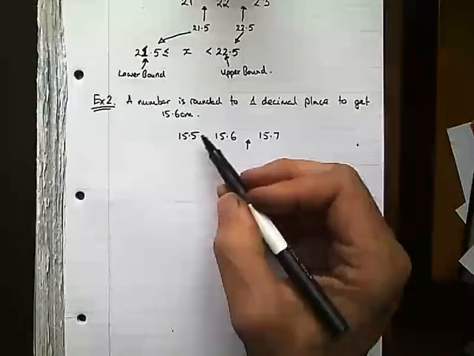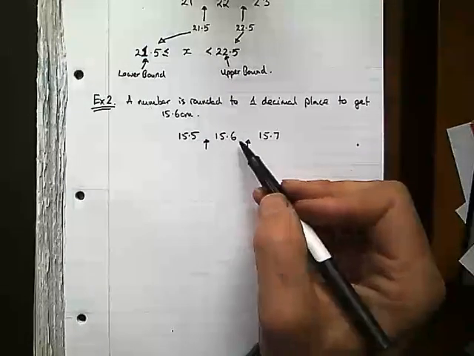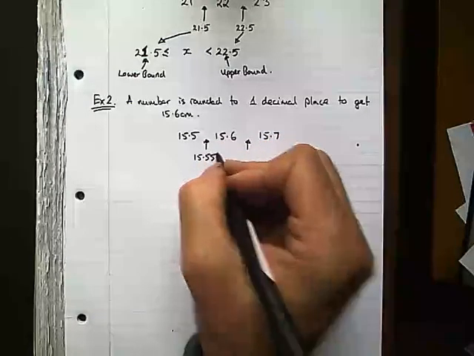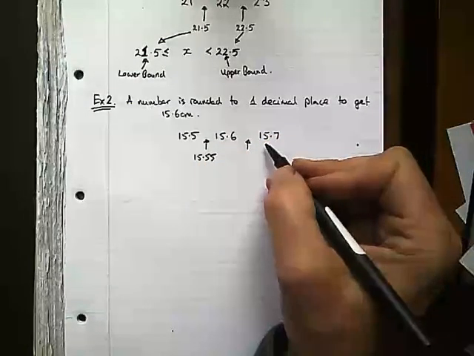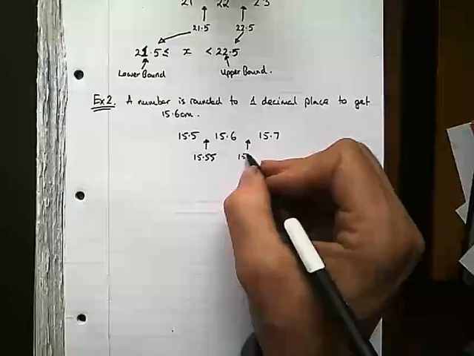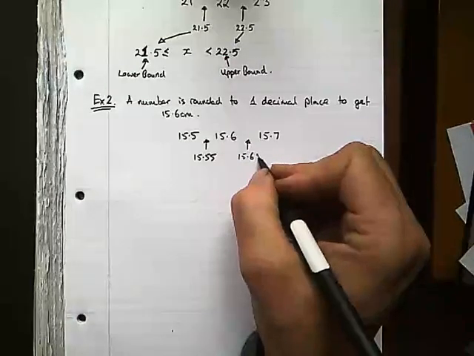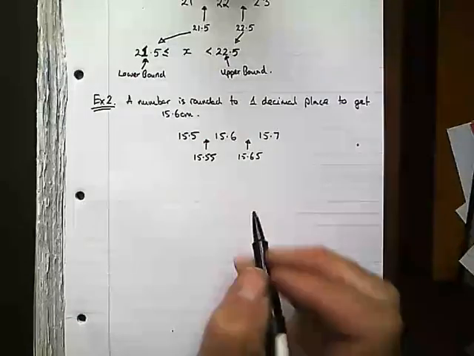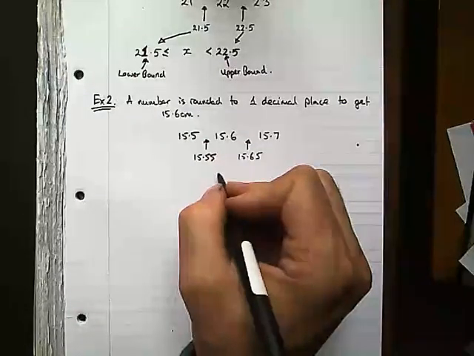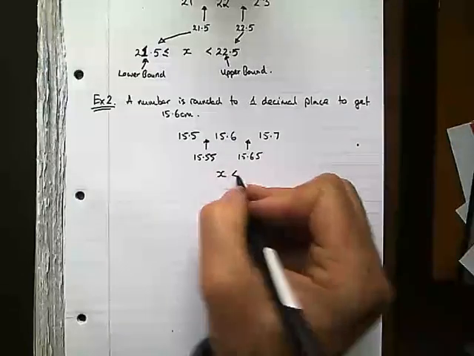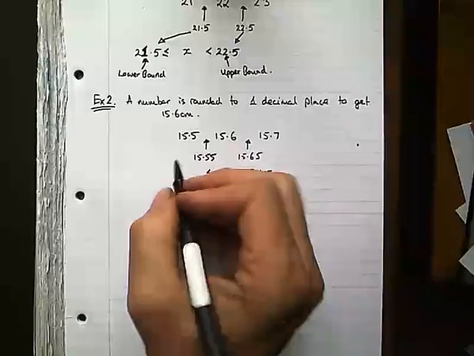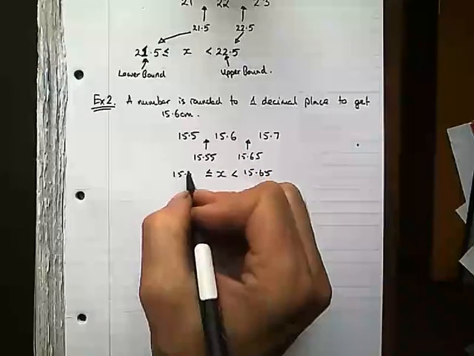So the bit in the middle of 15.5 and 15.6 is 15.55, and the bit in the middle of these two is 15.65. So I just need to write my inequality. My number must have been less than 15.65, but greater than or equal to 15.55.